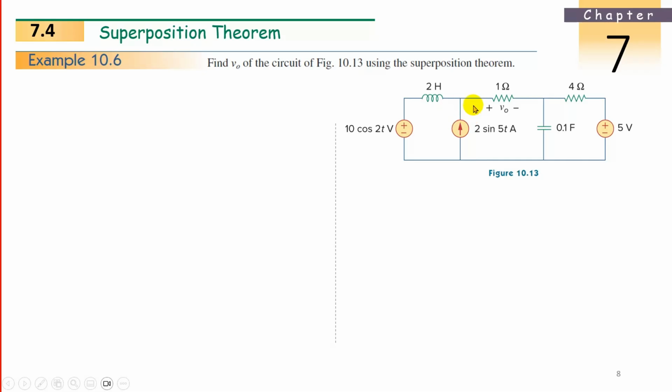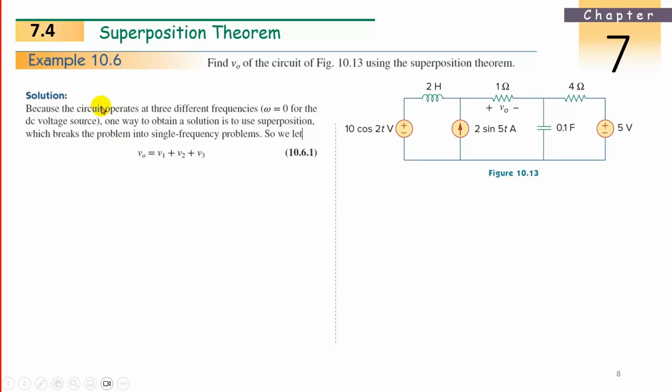AC means frequency will come, while DC has no frequency. So for the DC source we don't have any problem, and the normal superposition theorem can be applied. For the remaining two we have different frequencies here, sin 5t and cos 2t, right? So we have to be careful while calculating their impedances and reactances.